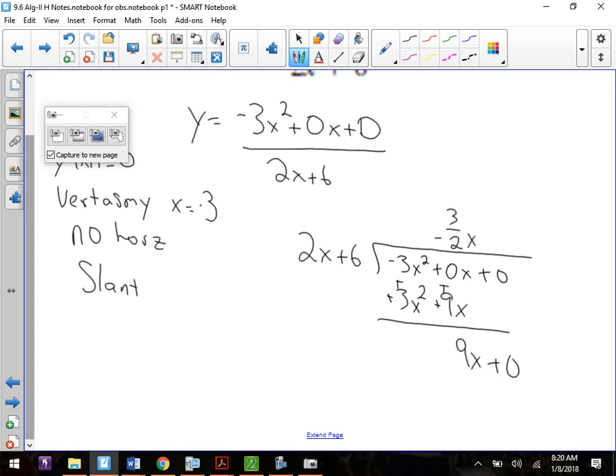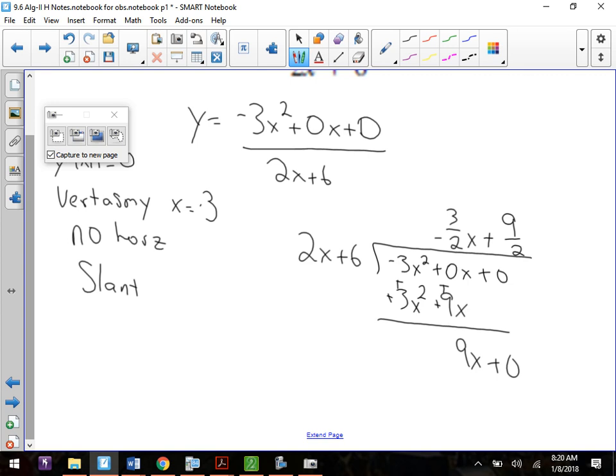What do you multiply a 2 by to turn it into a 9? 9x. Do I need to worry about anything else? No, because I know that I don't care about remainders. I don't need to worry about any of that at all. I know that if I multiply 2 times 9 and then divide it by 2, I'm going to get 9.